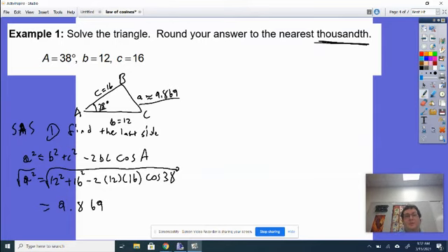Okay, now I do have a pair, so now I can use law of sines. Just like I told you last time, you're going to need law of sines, so make sure you're getting that practice in. I want to find either B or C. It does matter which one we find first. I do want to find the smaller angle first. I know that B is a smaller angle because B is a smaller side.